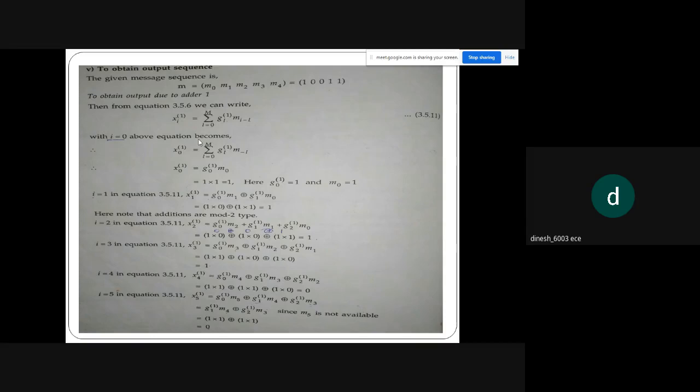To obtain the output sequence, we need to substitute the value of m. So write the m0, m1, m2, m3, m4 values as 1 0 0 1 1. The meaning is that m0 is 1, m1 is 0, m2 is 0, m3 is 1, m4 is 1.